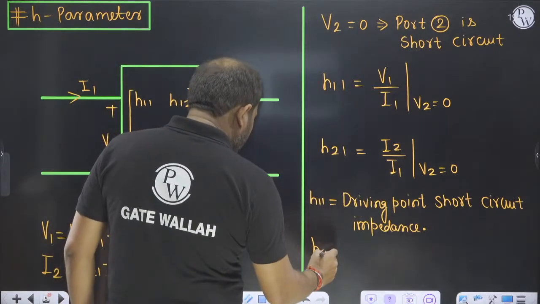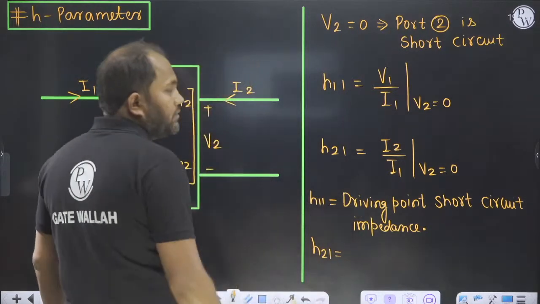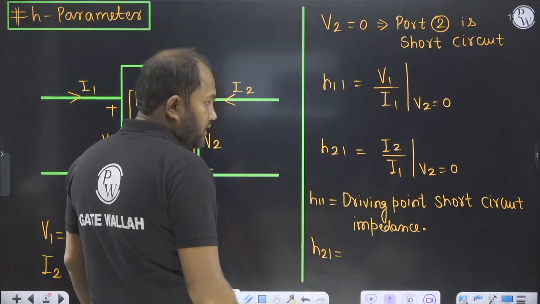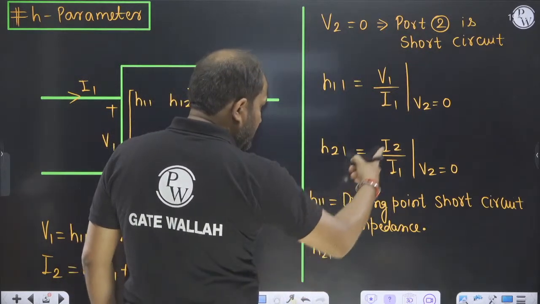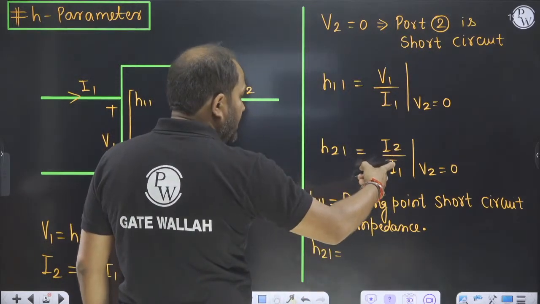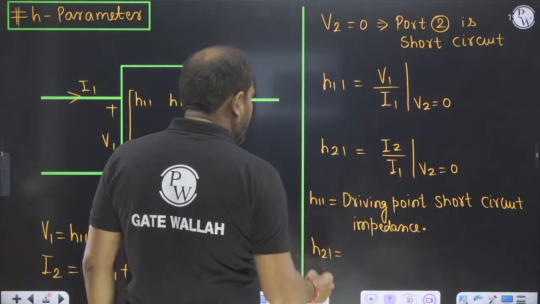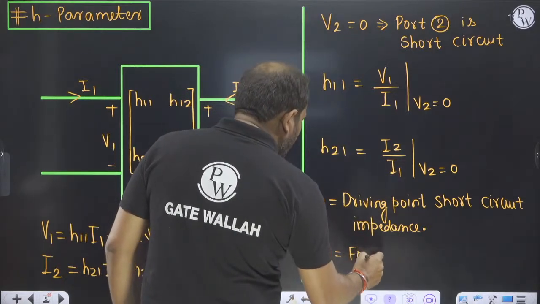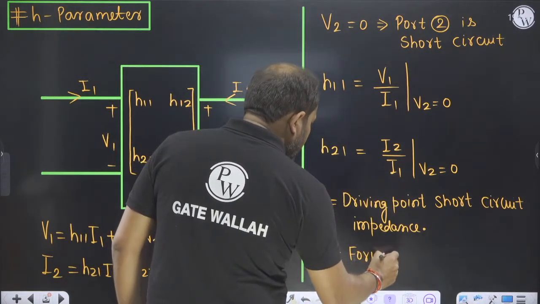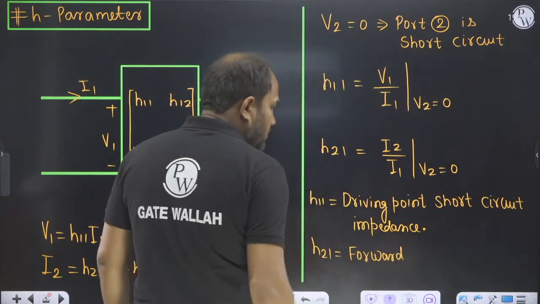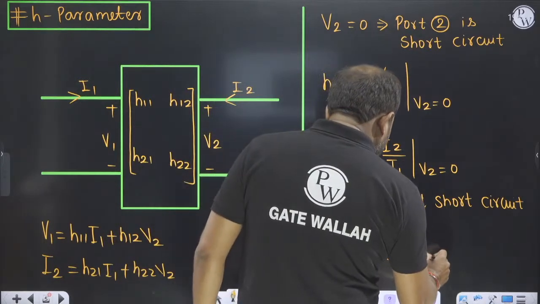H21 is equal to I2 by I1. I2 is the output current and I1 is the input current, so it is the forward short circuit current gain.